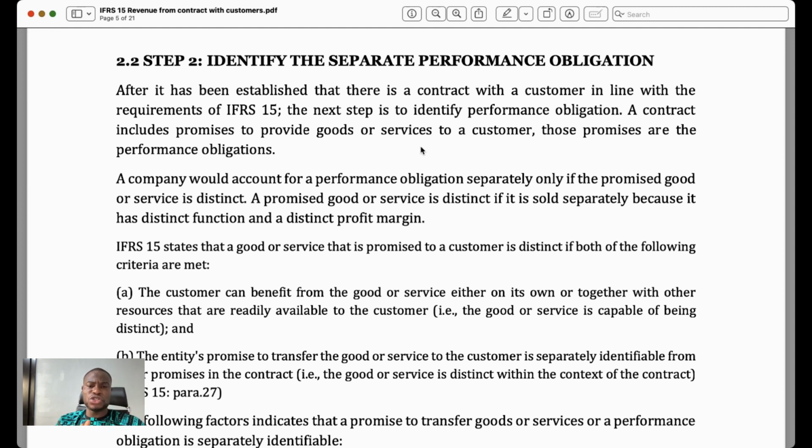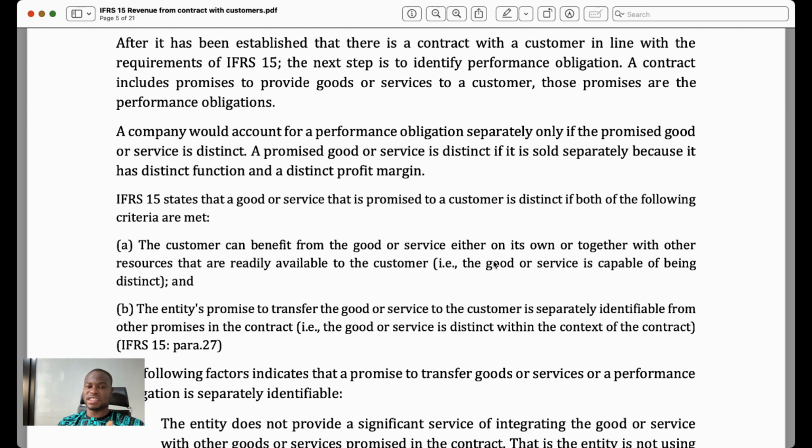So even if you issue an invoice to a customer and you want to render five different services, what we are saying here is this: are you seeing those five services as one, or are you seeing each of them as distinct? Okay, so that's what we want to look at here. So IFRS 15 states that the good or service that is promised to a customer is distinct if both of the following criteria are met.